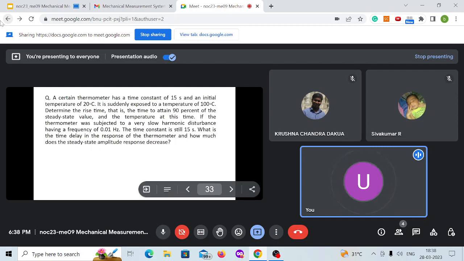So the question is in two parts. First you have a step input, and second you have a harmonic or sinusoidal input. In the first case you find the rise time and the temperature at that time, and in the second case the time delay and the amplitude. I'll give you some time. You try. We'll go over the solution after that.